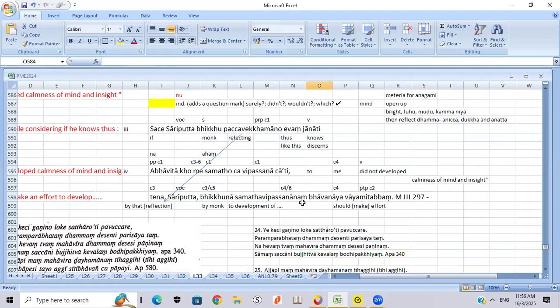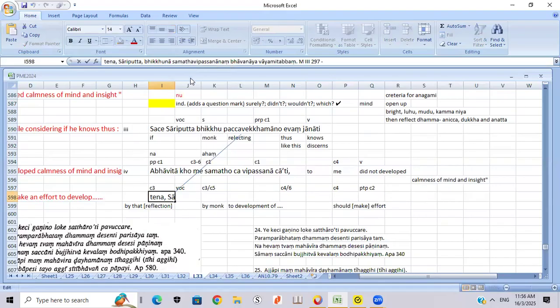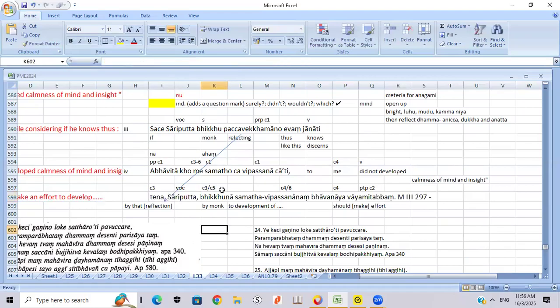This is samatha vipassana. So samatha vipassana, we're going to put the dash here. Okay. You have to go up some more. Never mind, later. So here we complete this line, we complete it by that reflection by the monk.